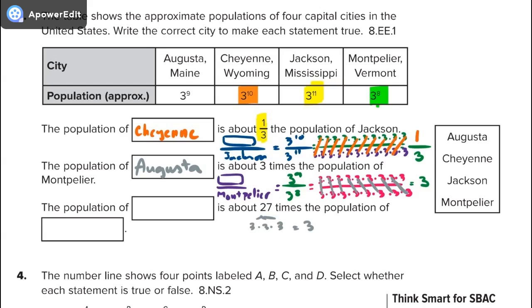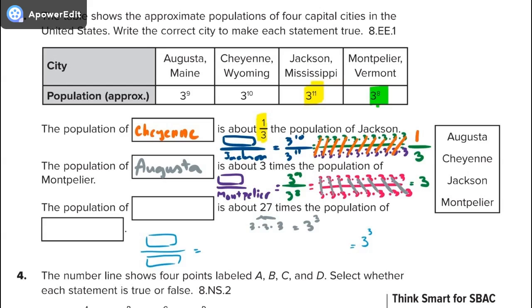That is 3 to the 3rd power. Now I want you to try this really quick. Think in your head, what population of what city over the other city, so that your final answer is going to be 3 to the 3rd power? What should be on top and what should be at the bottom?